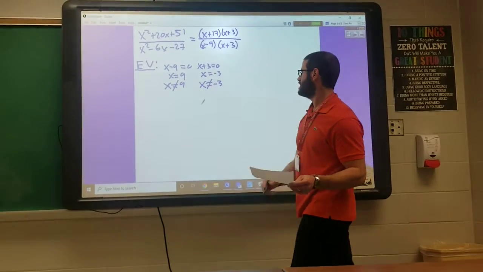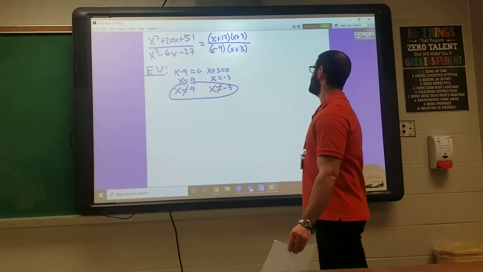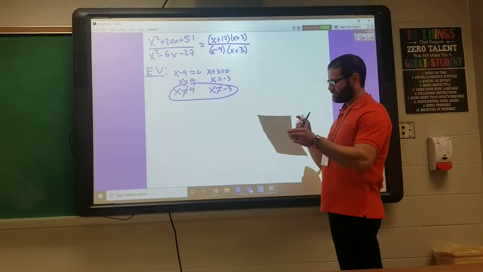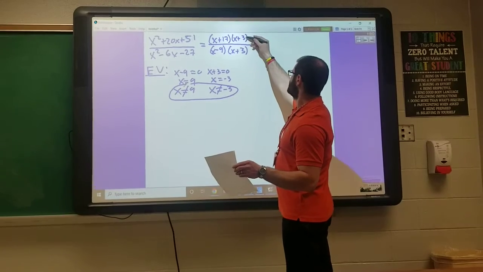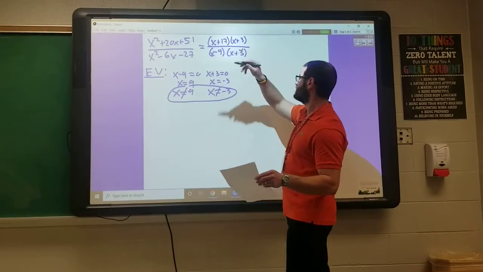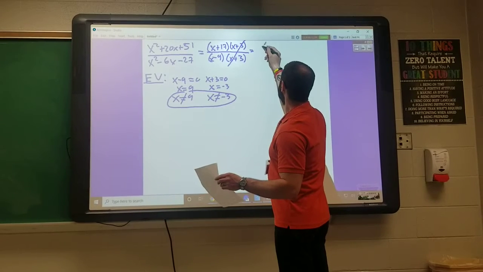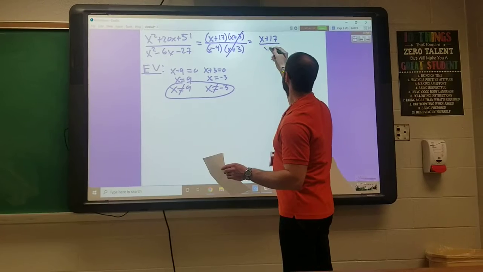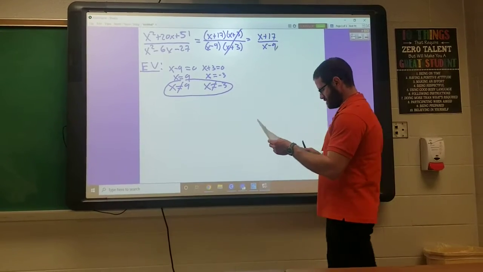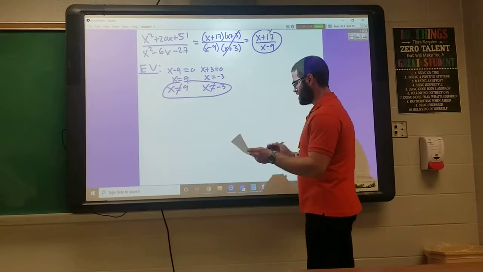So x not equal to negative 3. So those are my excluded values. What's my final simplified expression here? So what I see is that x plus 3 and x plus 3 would cancel out, which means I would have x plus 17 in the numerator, x minus 9 in the denominator. Okay, so that would be my final simplified expression.